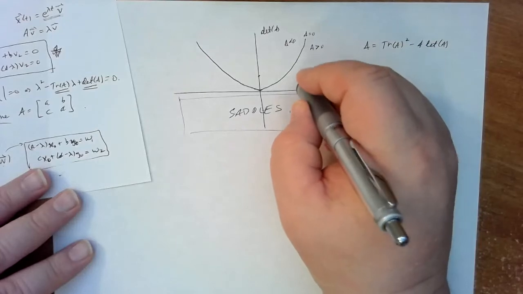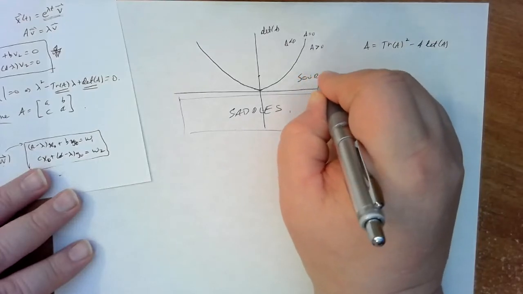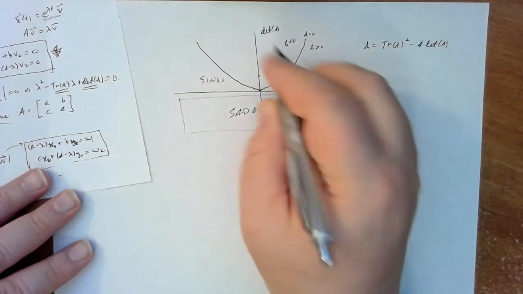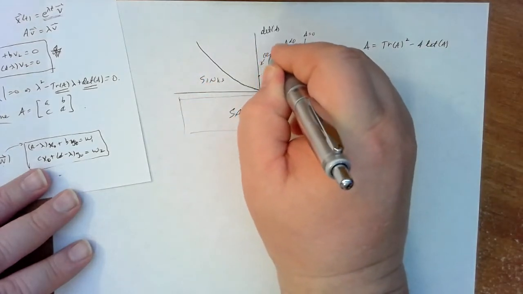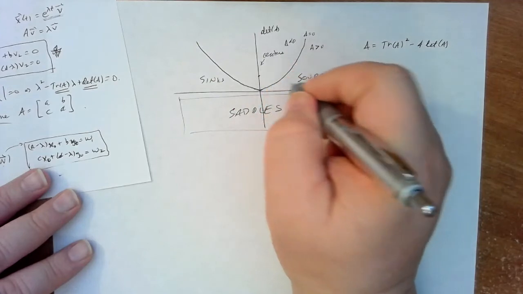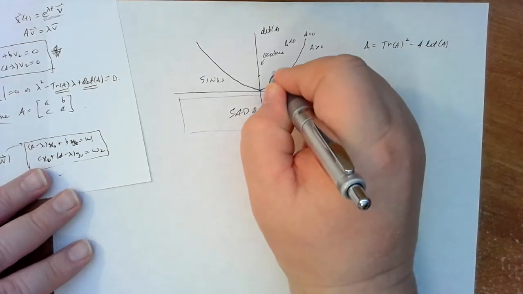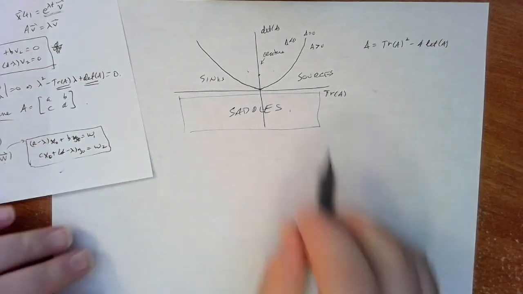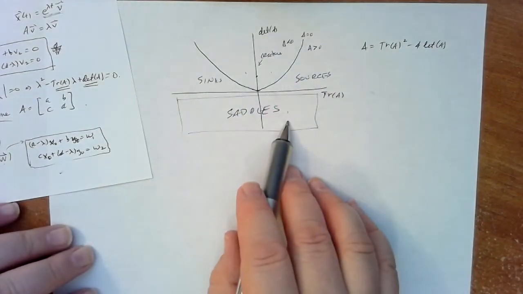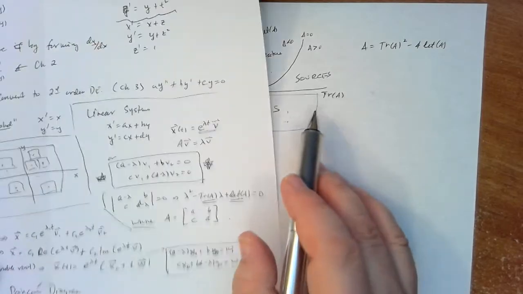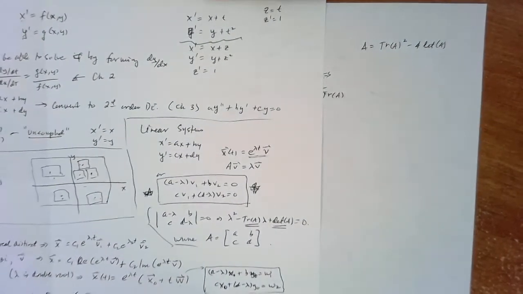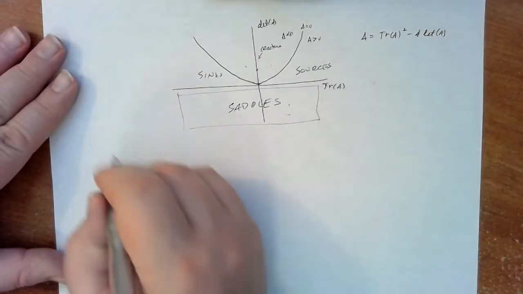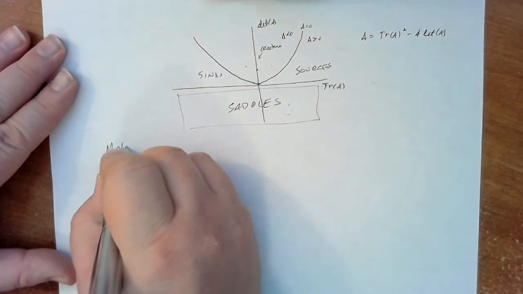So we have sources here, sinks over here, centers here, spirals here, spiral source, spiral sink. Okay. And so it's always good to be able to locate yourself on the Poincare diagram in order to fill this out. Okay, I've only got 1 more minute, but the last piece we looked at was the method of nullclines.